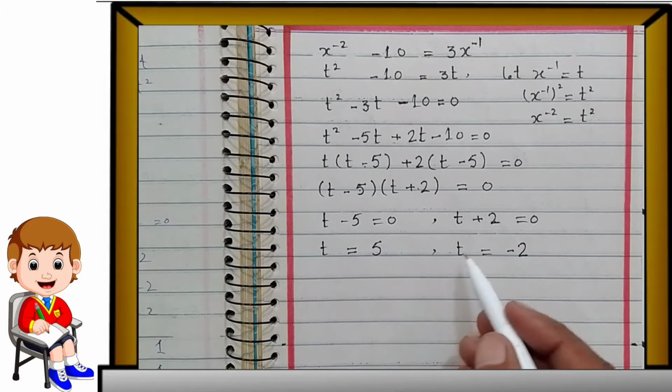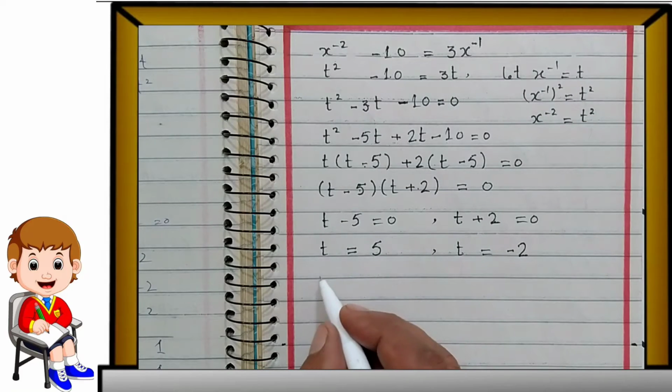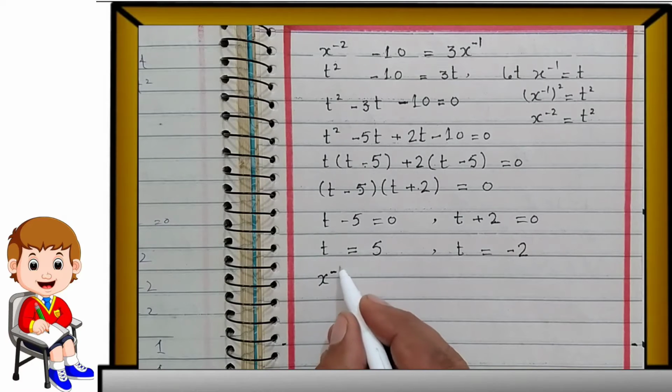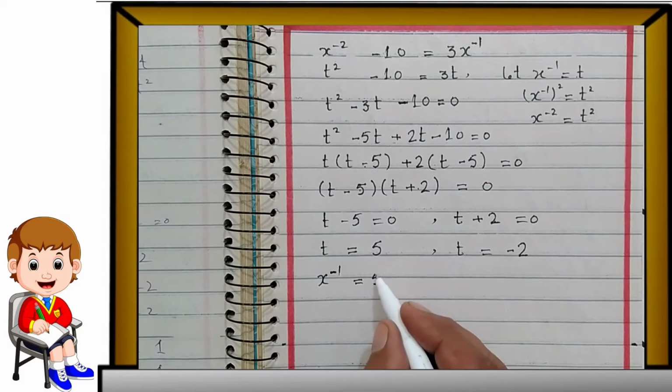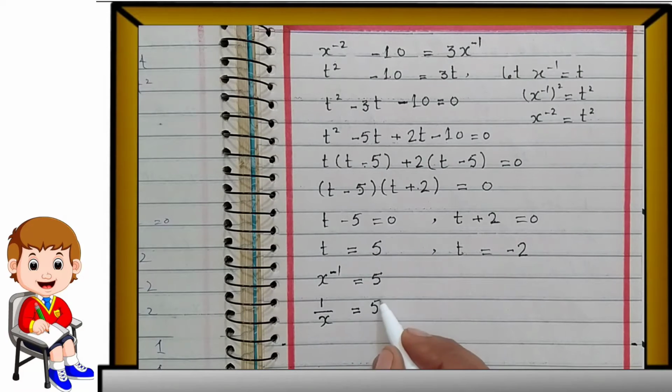Now we know that t is equal to x raised to minus 1. Put here t, so x raised to minus 1 is equal to 5. Now we make the power positive, 1 over x is equal to 5.